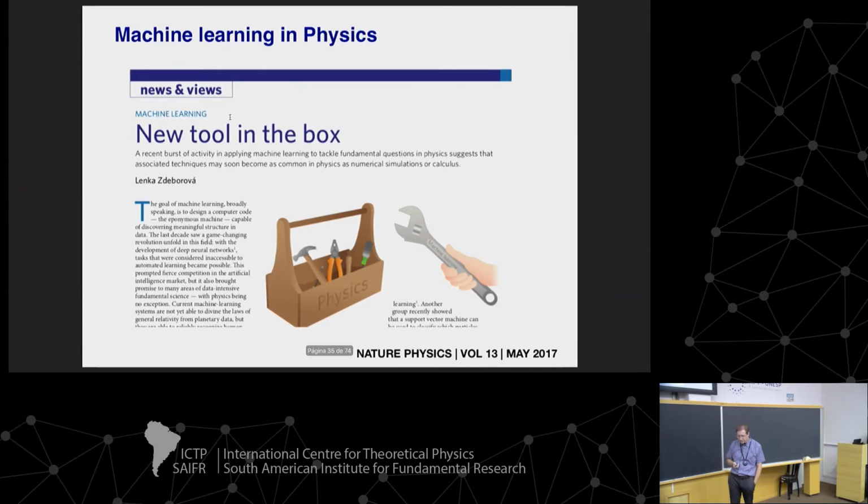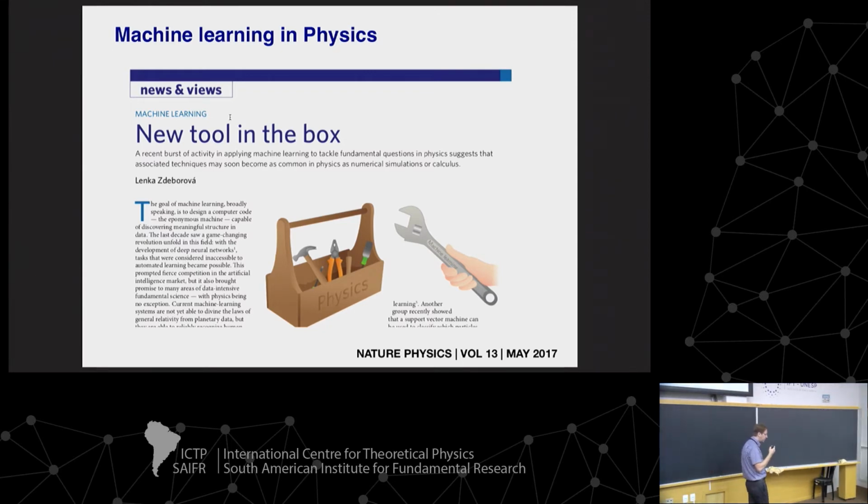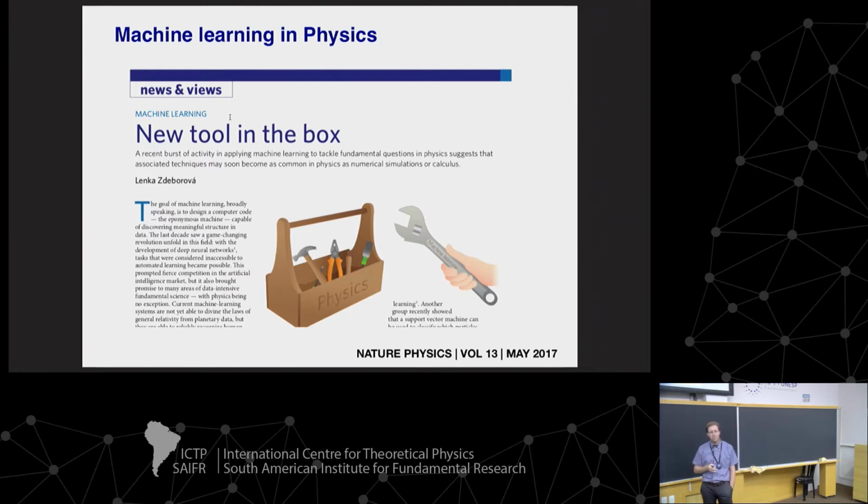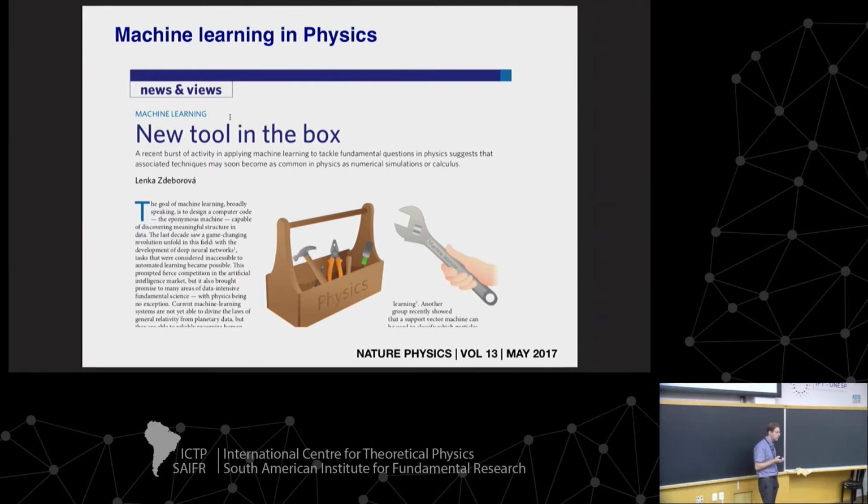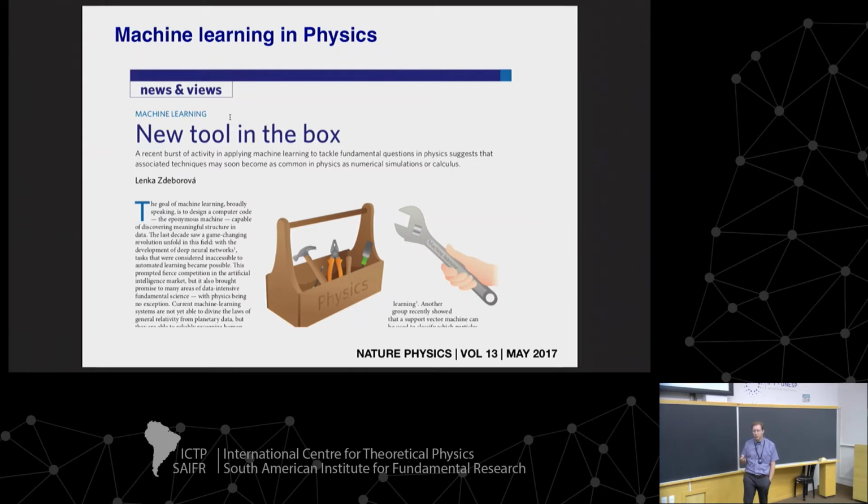And here's another paper published in 2017 in which people say that machine learning will be very popular in physics as numerical methods. Today, if you are studying many physical processes, you use numerical simulation, and machine learning will be more or less similar in the coming years.